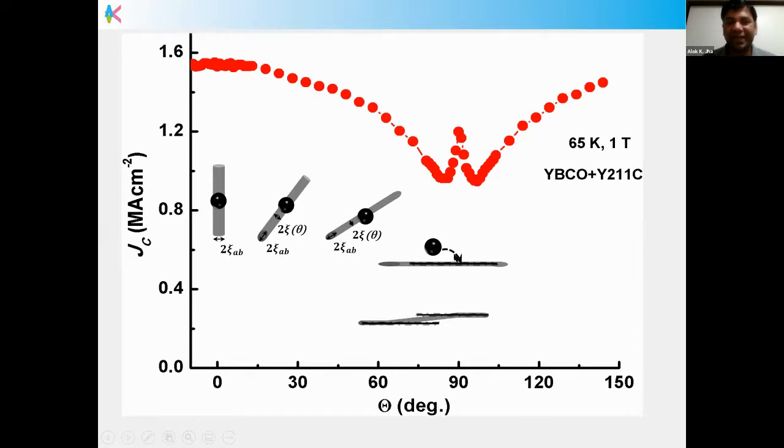Planar defects can pin the vortices for a very narrow angular range, but for large orientation, they cannot hold the vortex lines anymore. So we have the appearance of critical current density like this.